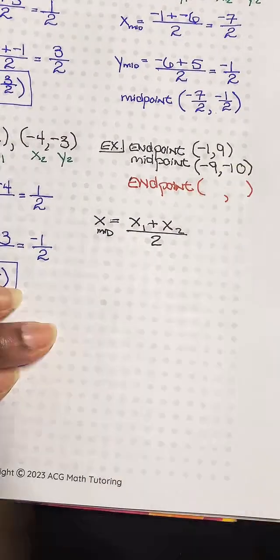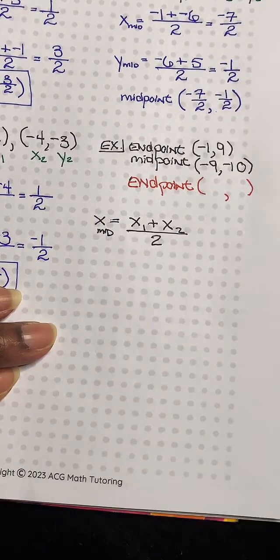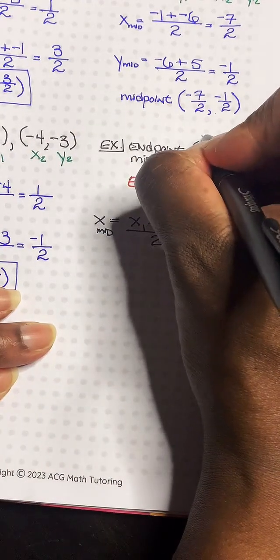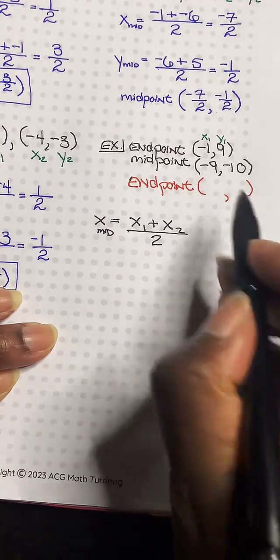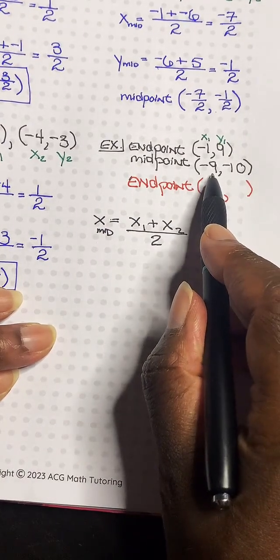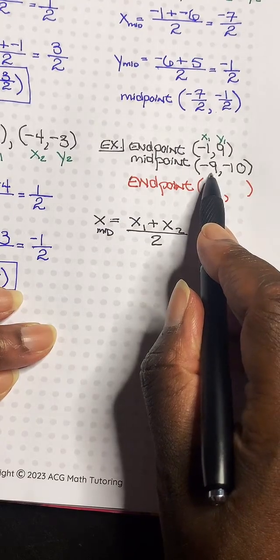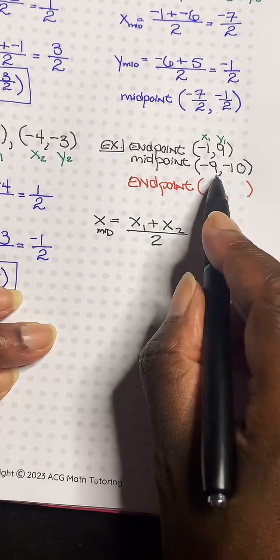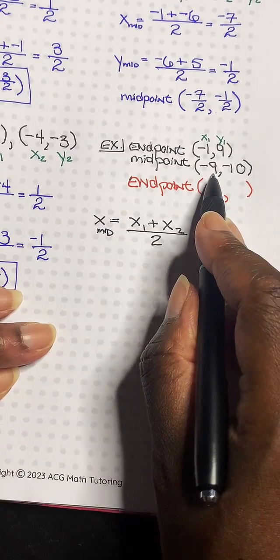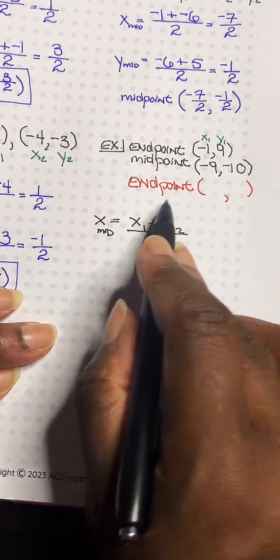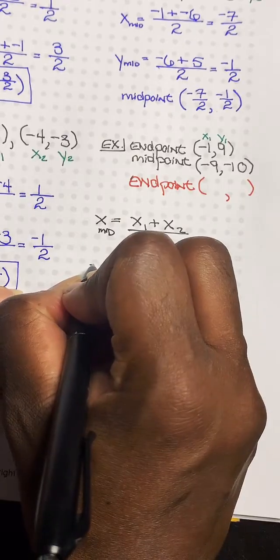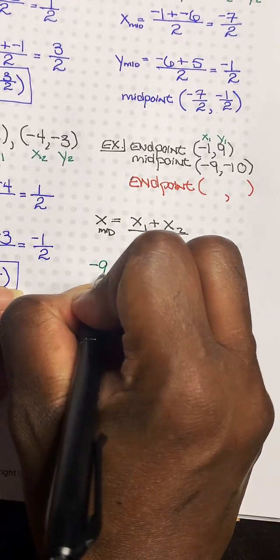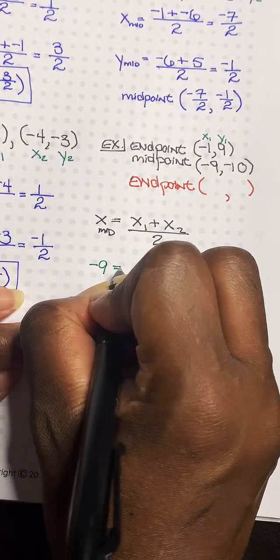So we know one of the points. So this will be my x1 and my y1. We know the x value for the midpoint. So the x value for the midpoint is -9. So we're going to replace x mid with the -9 because we know the midpoint's x value.